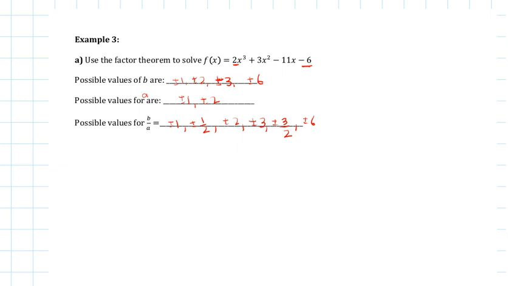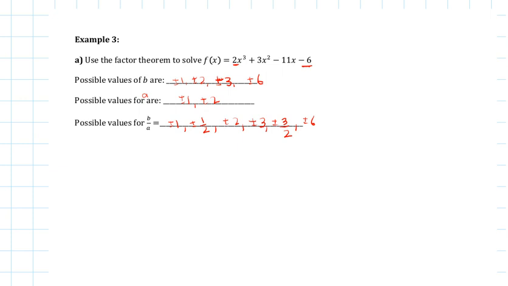We're going to have to try to plug in all the different values, or I would personally start with the whole numbers, start with 1, and then move on to the fractions if I need to. Because I know what it is, I'm going to try f at 2.